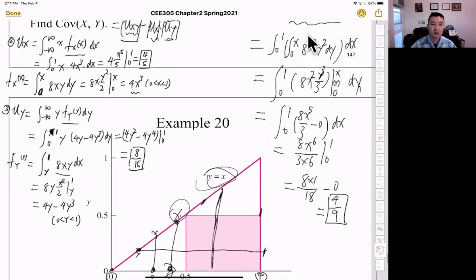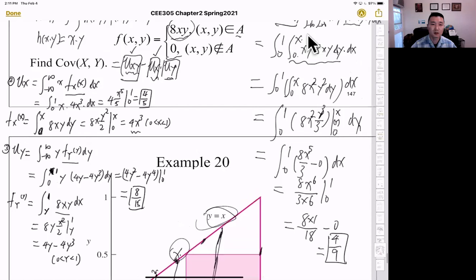Okay, so finally we get mu xy, which is 4/9 here, minus mu x times mu y. So mu x is here, 4/5 times mu y is here, 8/15. So the covariance is 0.01778.